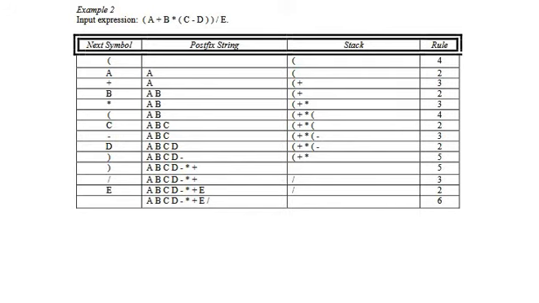When you encounter the right parenthesis, you solve the sub expressions within it based on the priority. At this stage minus is applied, and again another right parenthesis is closed.